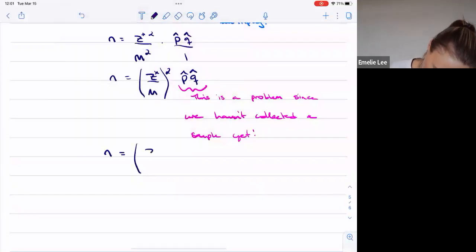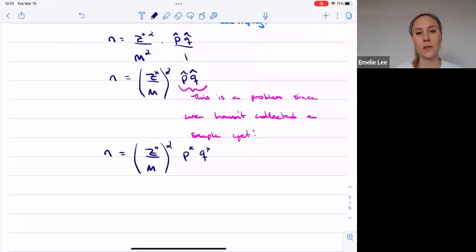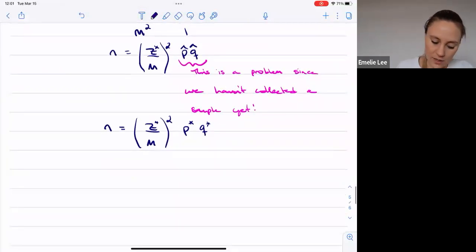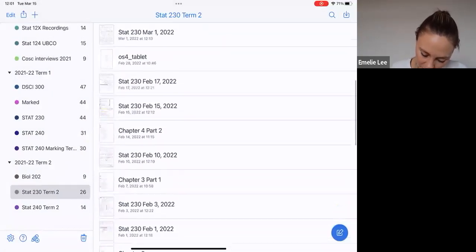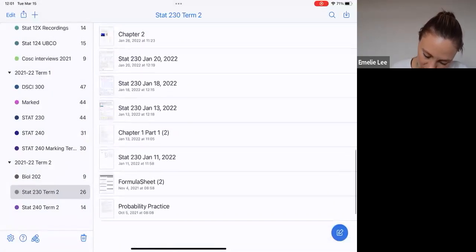Okay, so in general, n is going to be z star over m, squared, times p star q star. And that's on that formula sheet that I posted here.